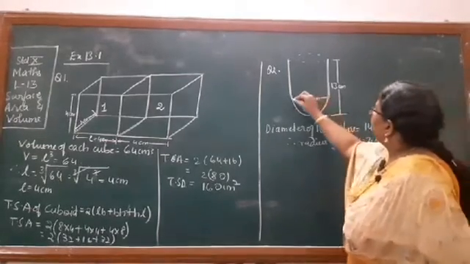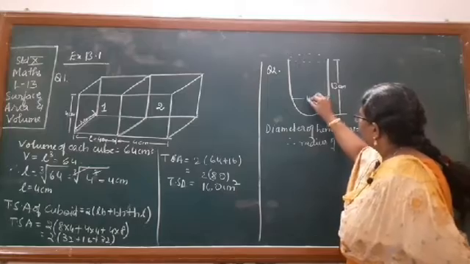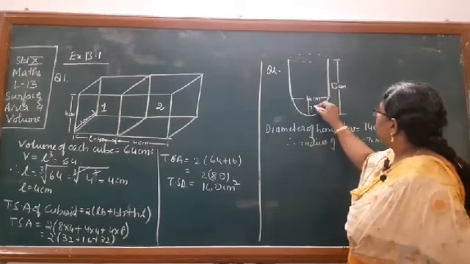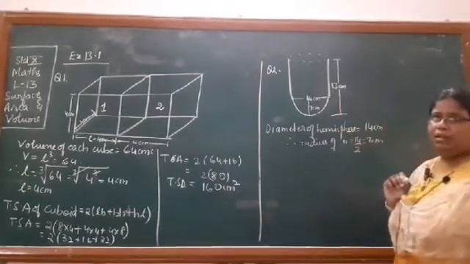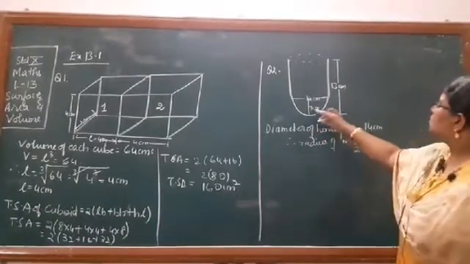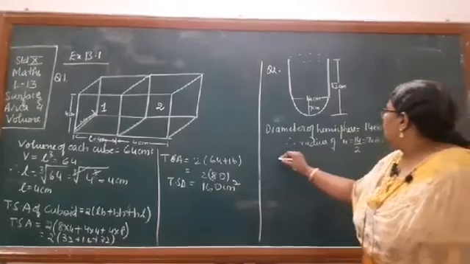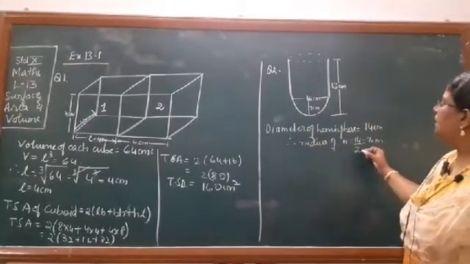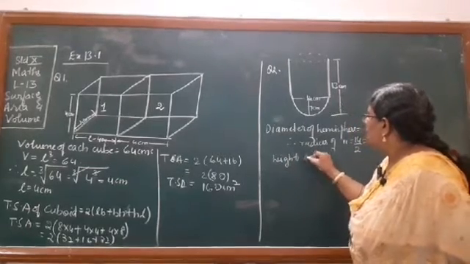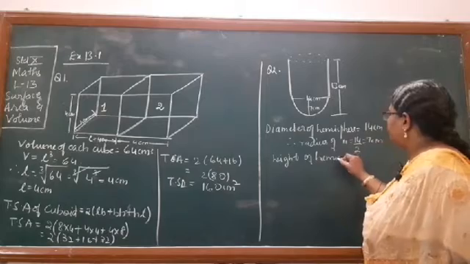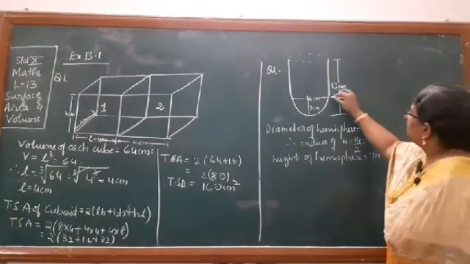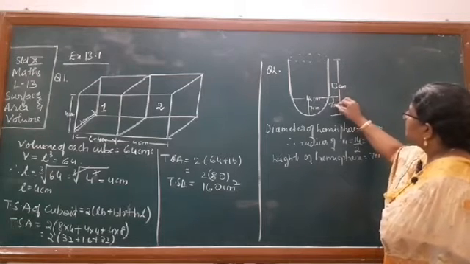Okay, so we got the radius of the hemisphere. Radius means this is also radius, because that will also become the height of the hemisphere. So height of hemisphere is actually the radius of the hemisphere only. So this radius of hemisphere will be 7 centimeter. Height of hemisphere will also be 7 centimeter. That means this portion becomes 7 centimeter.